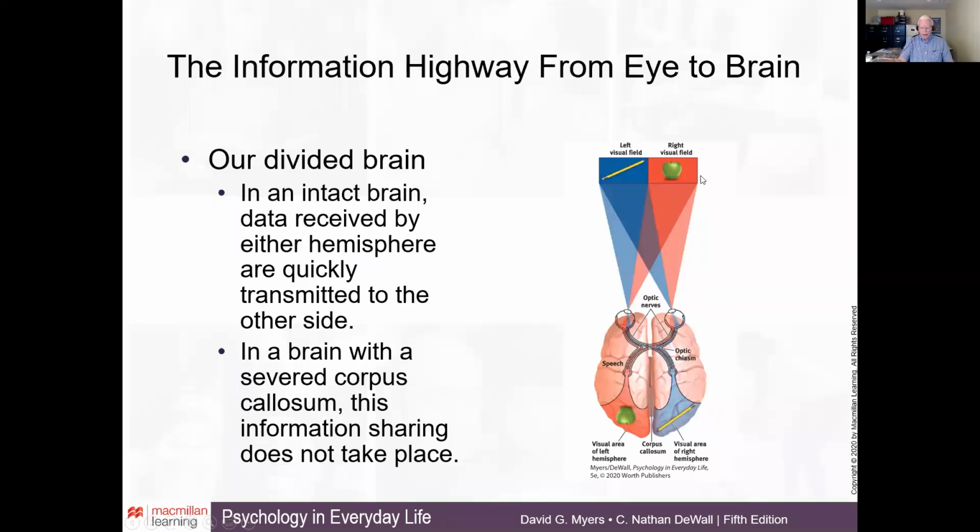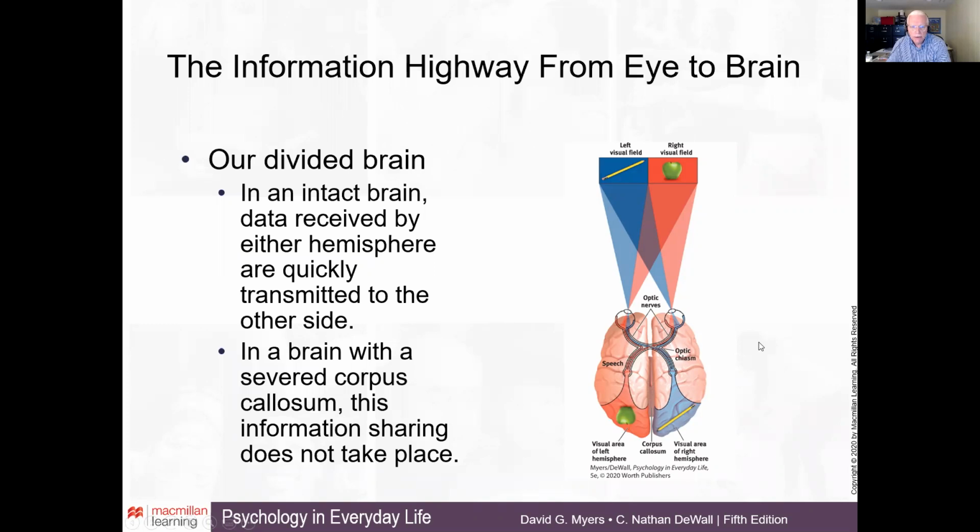Researchers have studied how the two hemispheres of the brain communicate with one another using patients who have had split brain surgery, where their corpus callosum has been severed.